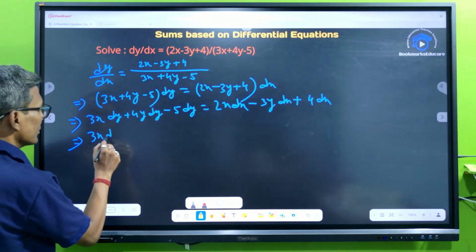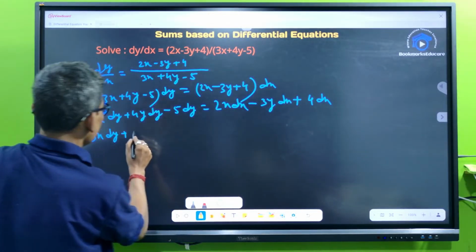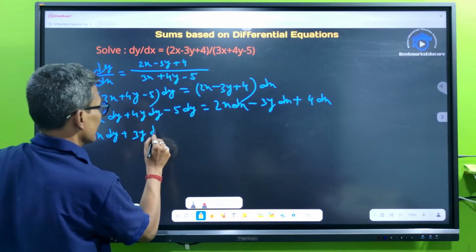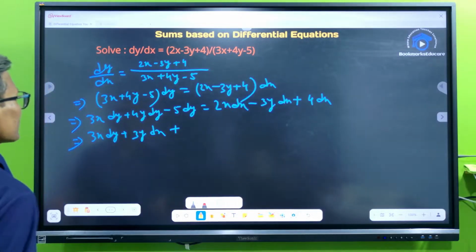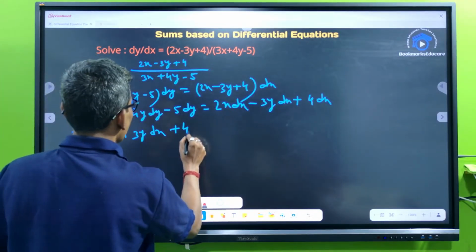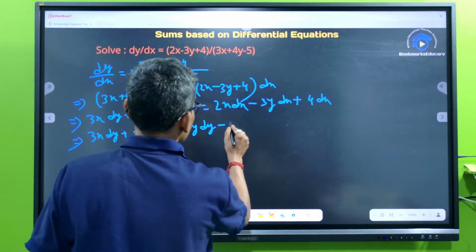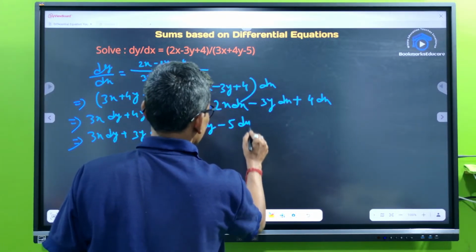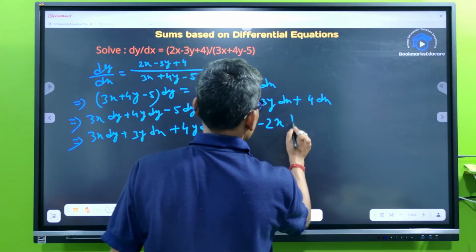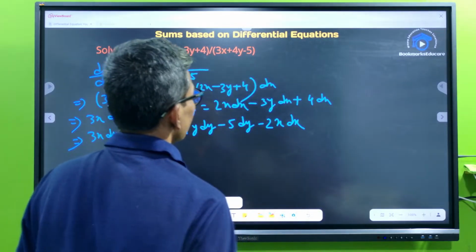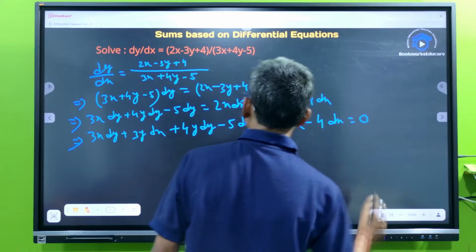So 3x dy plus 3y dx plus 4y dy minus 5 dy minus 2x dx minus 4 dx is equal to 0.